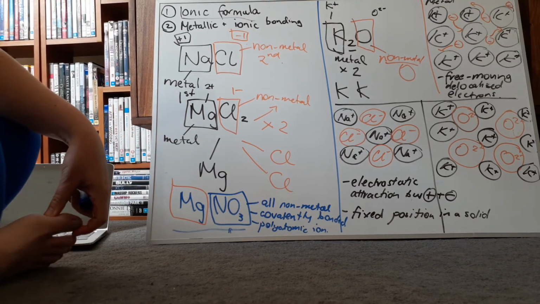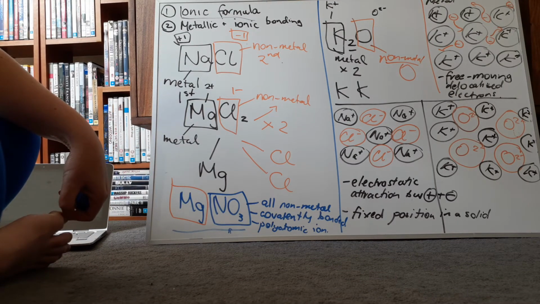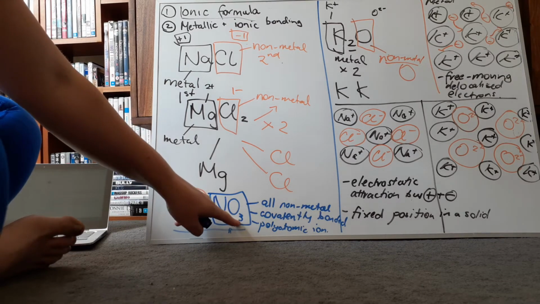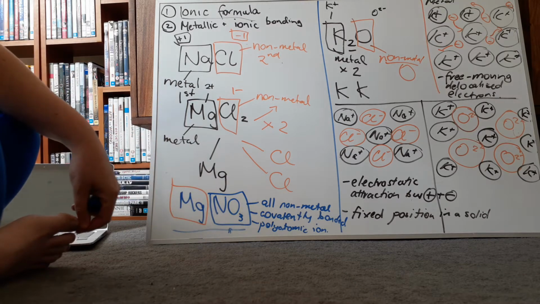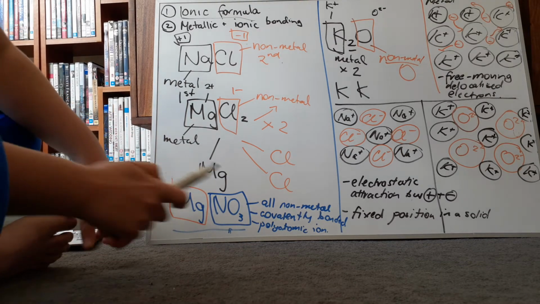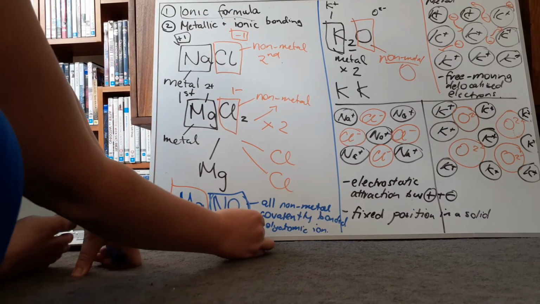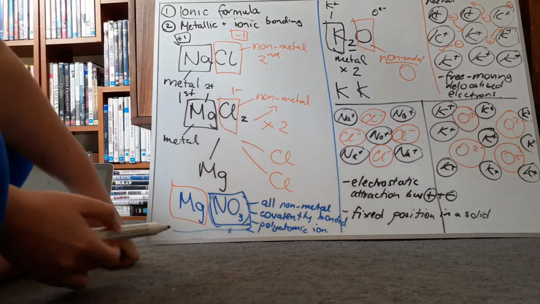We know that nonmetals tend to covalently bond together with other nonmetals. So nitrogen here is covalently bonded to 3 other oxygen atoms. And we should have a bracket here with a little 2.